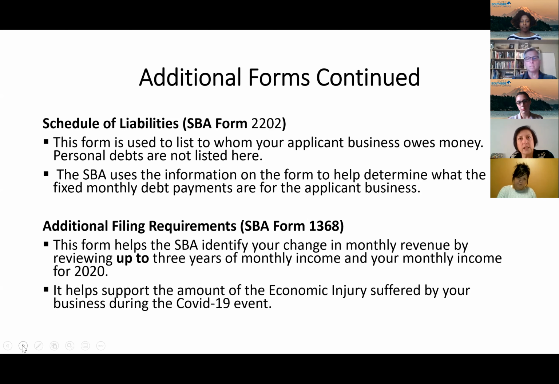So what this does is it helps the disaster loan officer visualize how much money you have been making monthly since you have been in operation or over the last 3 calendar years, as opposed to what's happening right now, because that's part of your economic injury.